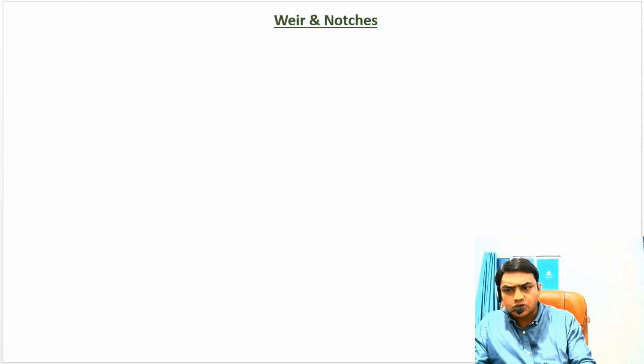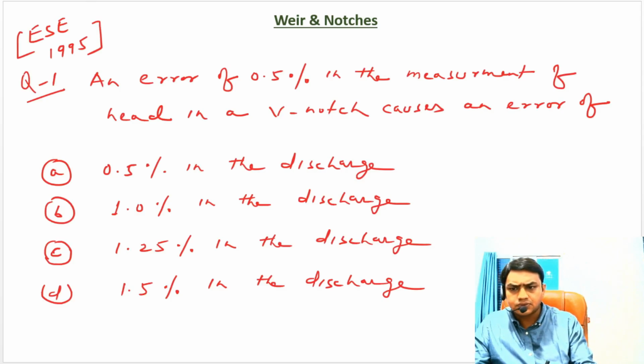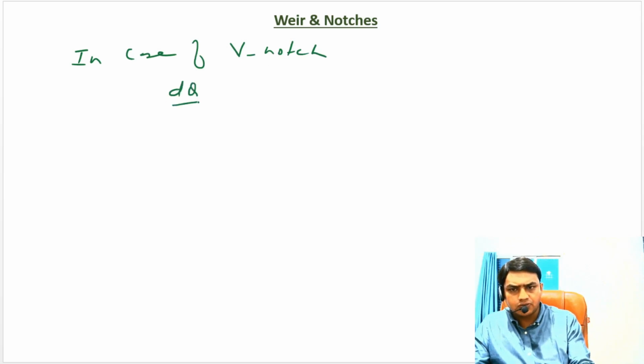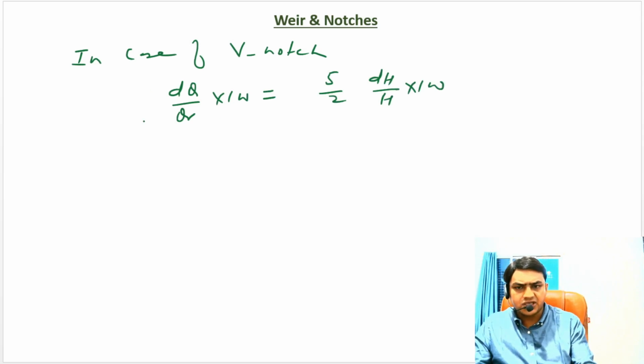So we know that in case of V notch, we can write dQ by Q into 100 is equal to 5 by 2 into dH by H into 100, or we can say percentage error in discharge is equal to 2.5 into percentage error in head.